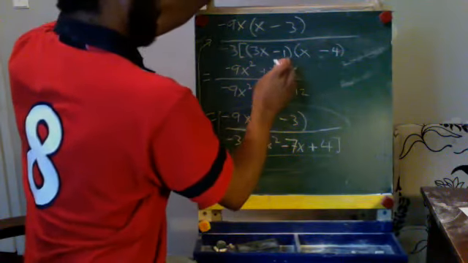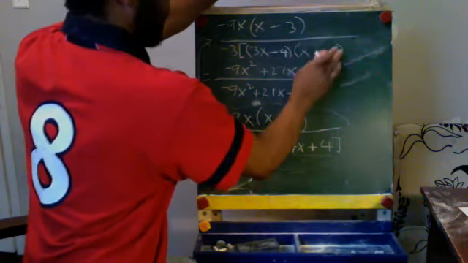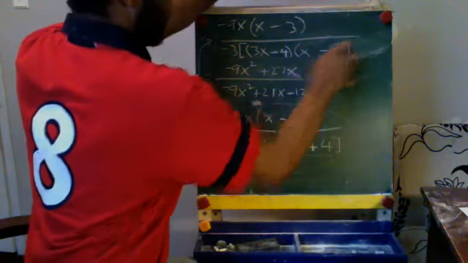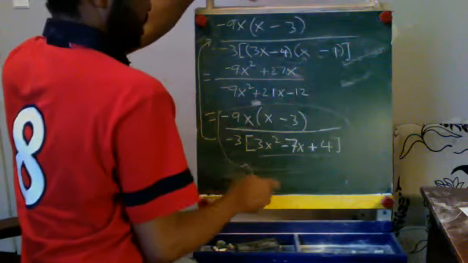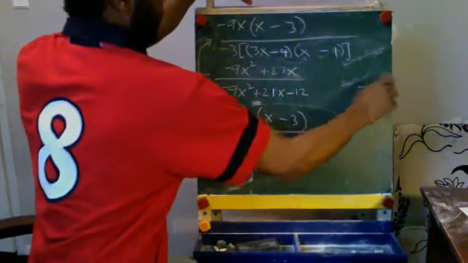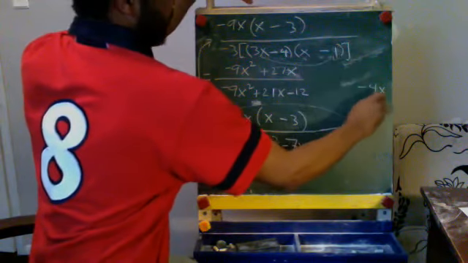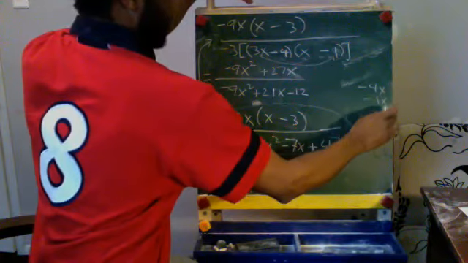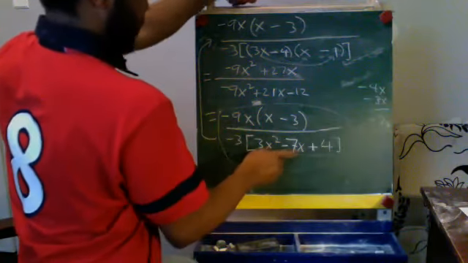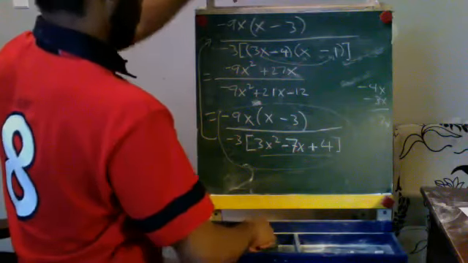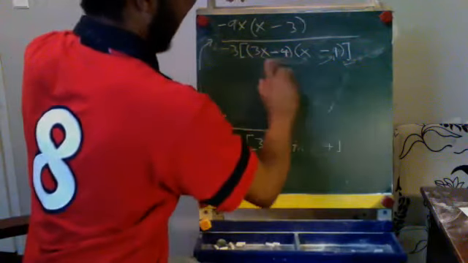All right, actually, I'm going to try here with a negative 4 and a positive 1. I'm doing a trial and error process. And the reason why I'm doing that is because negative 4 times x is going to be negative 4x. And 3x times negative 1 is going to be negative 3x rather, which is going to give me the negative 7x I need in the middle, right? All right, so that's good right there. All right, so we're done. We're almost done.